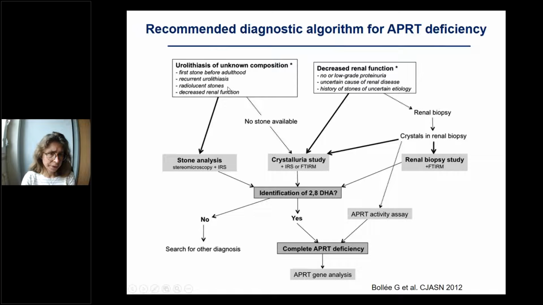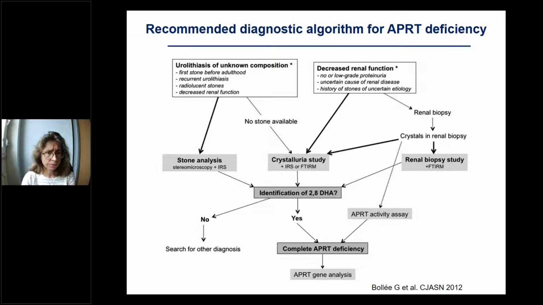Recurrent urolithiasis, radiolucent stones, which is not very usual, and decreased renal function. If you have a stone, go to stone analysis, as you suggested at the beginning of this talk.